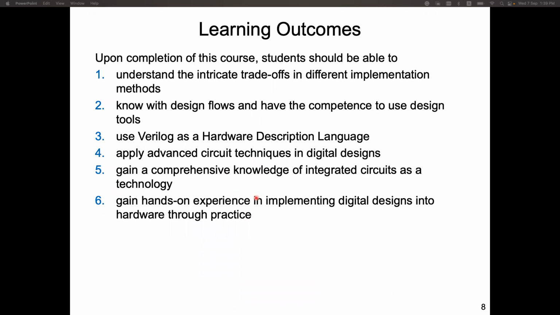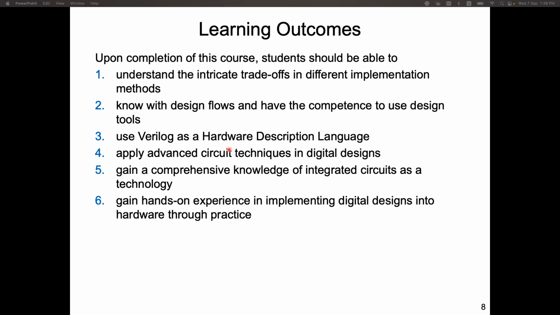Learning outcomes of the course. Upon successful completion of this course, you should be able to understand the intricate trade-offs in different digital implementation methods, know the design flows, and have the competence to use some design tools.